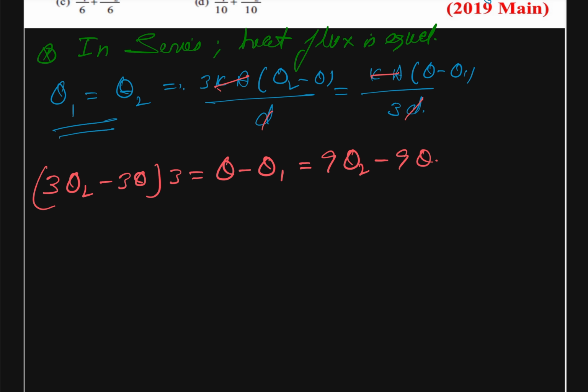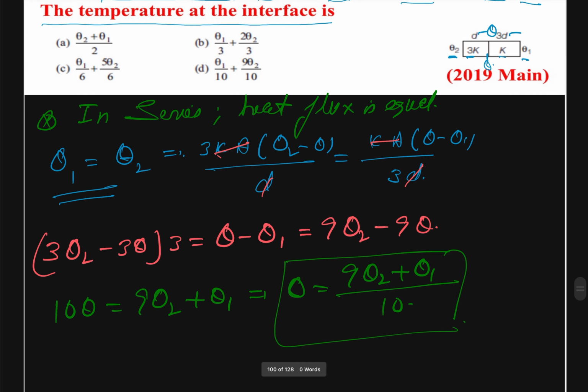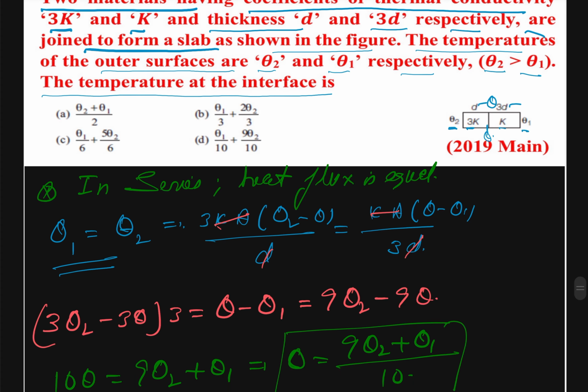So we are supposed to find out theta. Therefore we can write that theta will be equal to 9 times theta 2 plus theta 1, giving us that theta is equal to (9 theta 2 plus theta 1) divided by 10. So option D is correct.